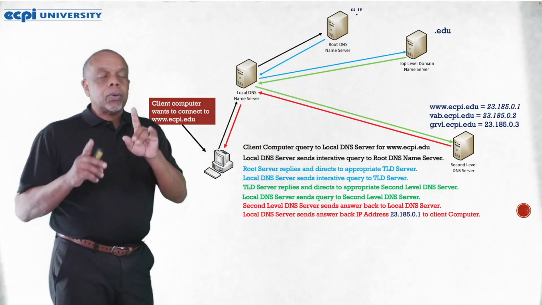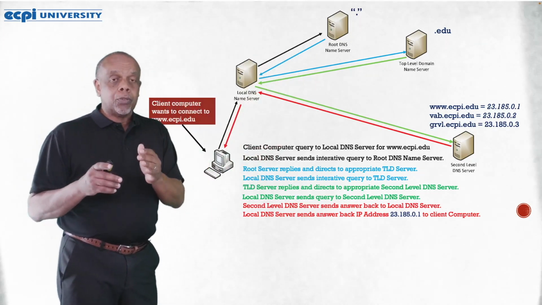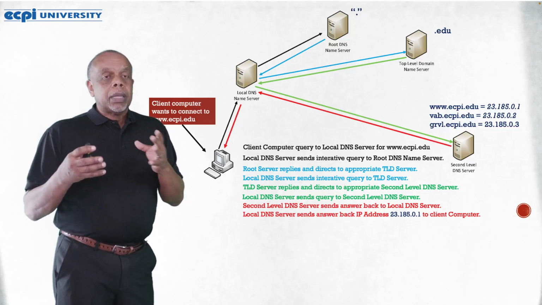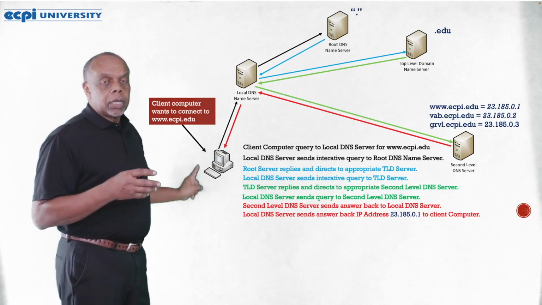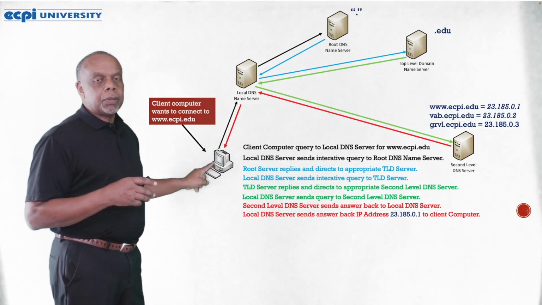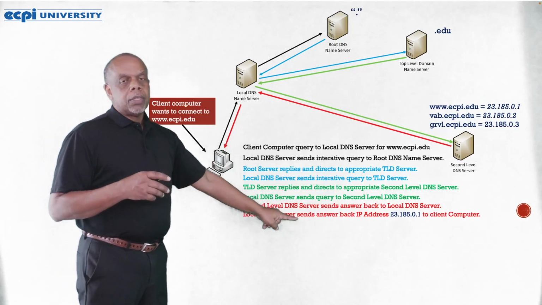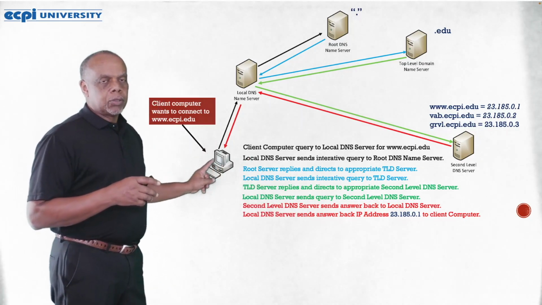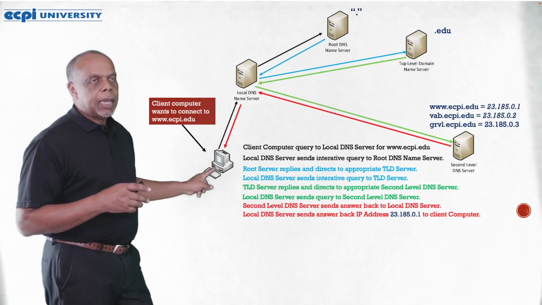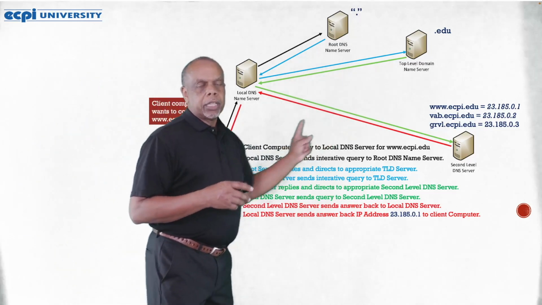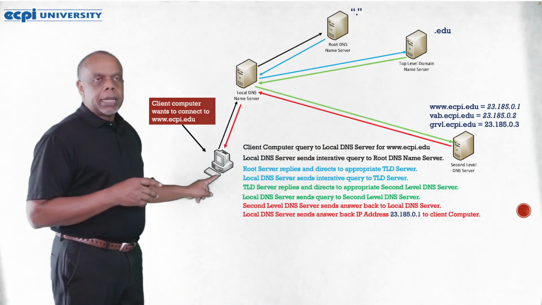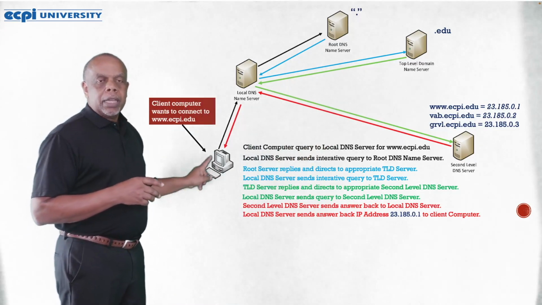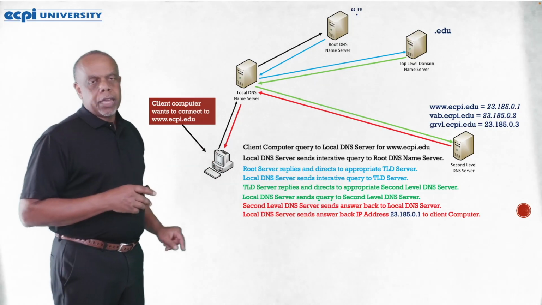Now, when you go to a website that you haven't been to before, what's going to happen locally in the cache on my computer is it is going to store this IP address that's resolved with ECPI.edu. That way, the next time I go to ECPI, I don't have to do these handshakes because 23.185.0.1 is stored locally here in cache.